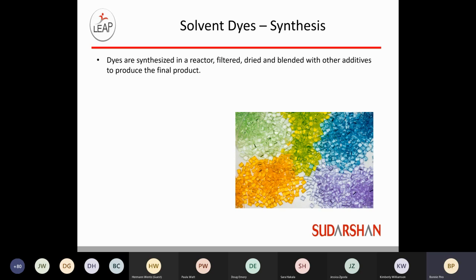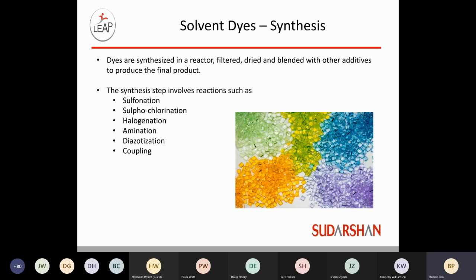So like pigments, the dyes are synthesized in a reactor. They're filtered, dried, and blended with other additives that produce the final product. The synthesis step is, again, a variety of reactions depending on the raw materials that are being used to create that chemistry.